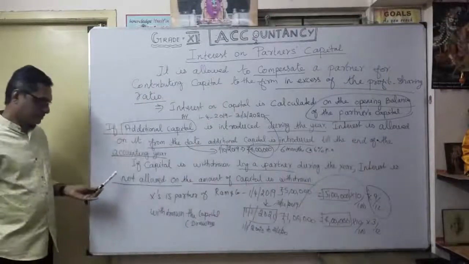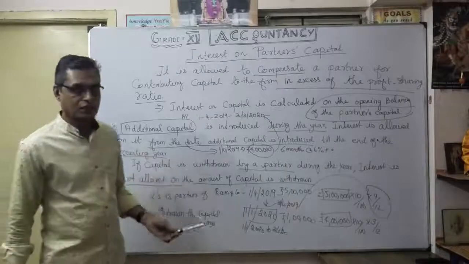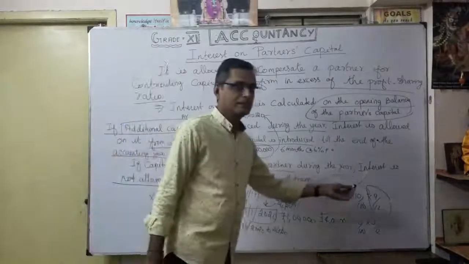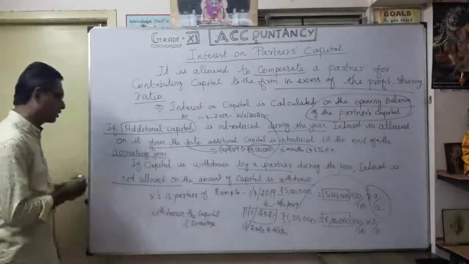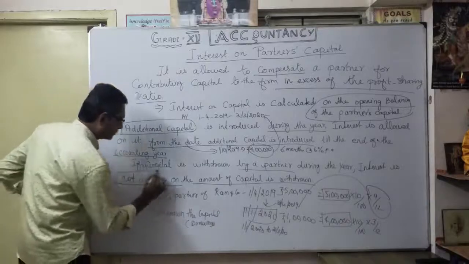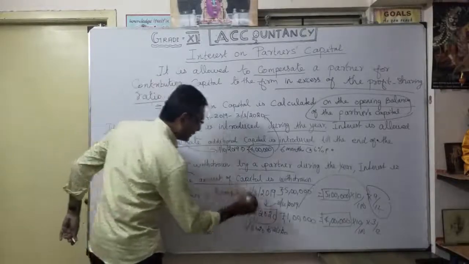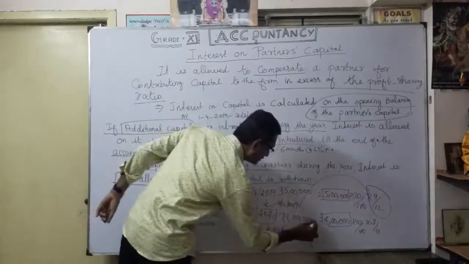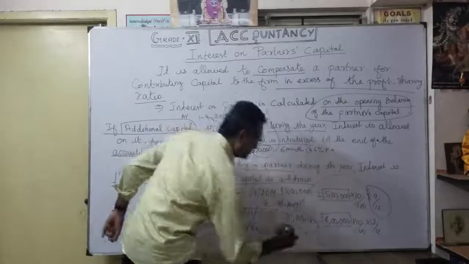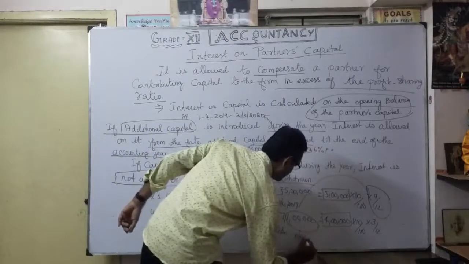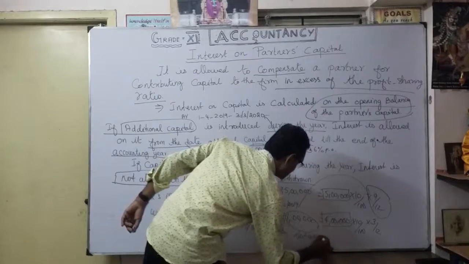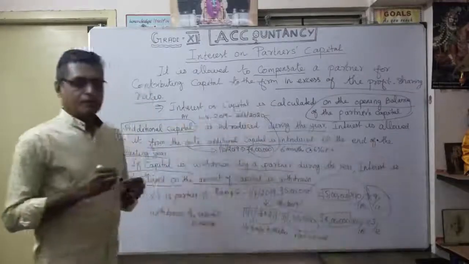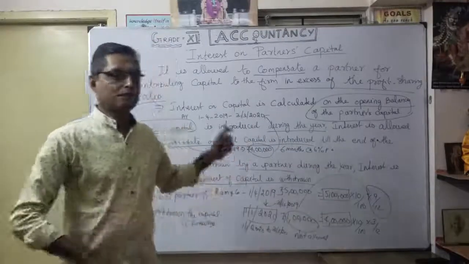Whenever capital is withdrawn by a partner during the year, interest is not allowed on that amount of capital. So this 1 lakh is not calculated, not allowed for interest. That's what I'm trying to say. Understood? That's the basic information.